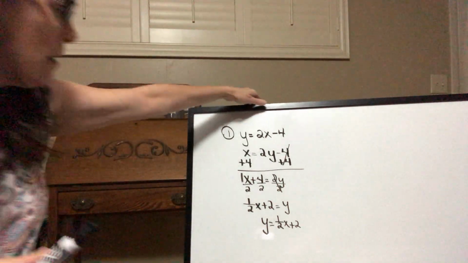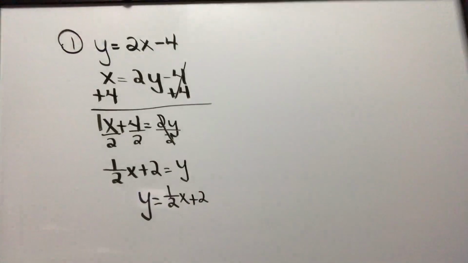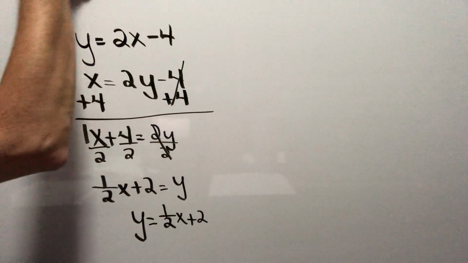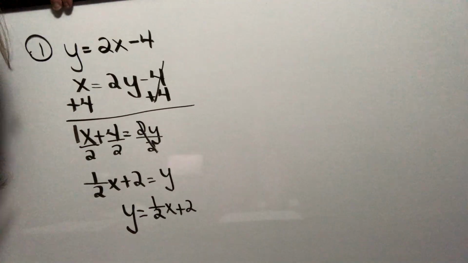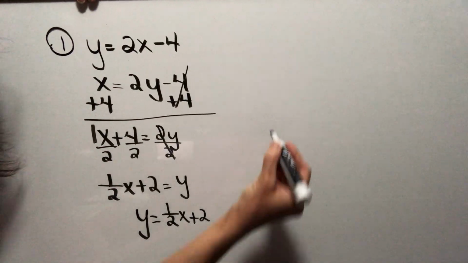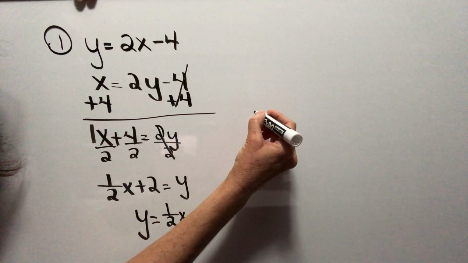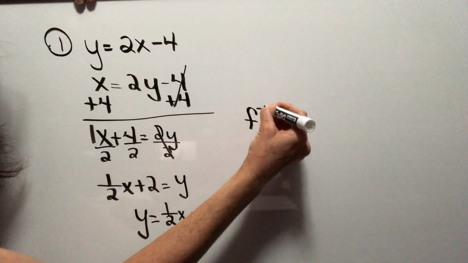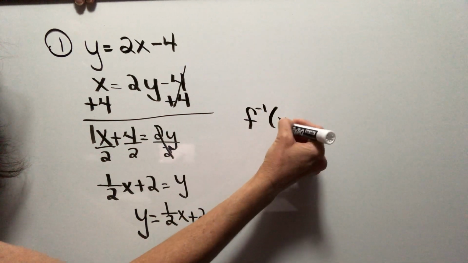If you get an inverse and it is a function like we just determined, then there is a special notation that you need to use, and you will absolutely see this again in the future as you do higher level math classes. It's the function notation, f, and then it has this little -1 here and an x.